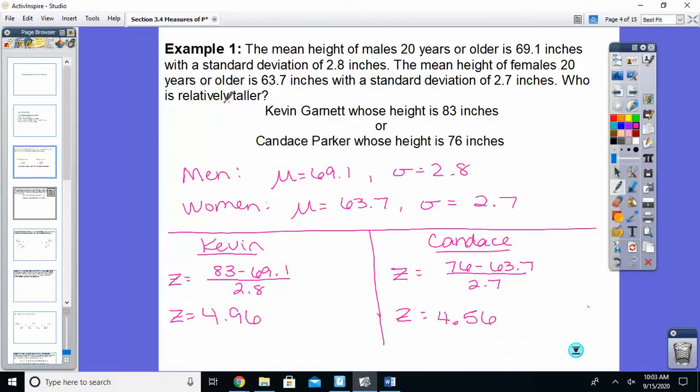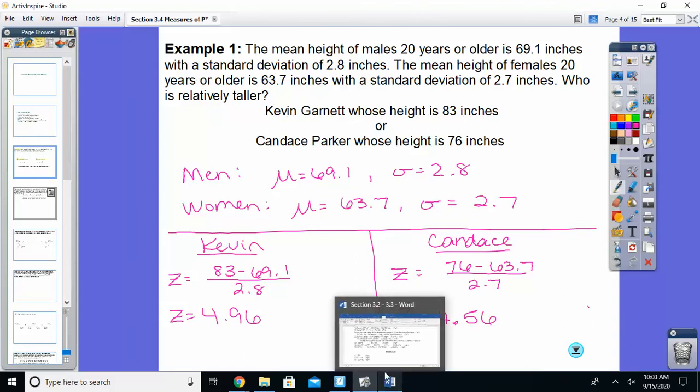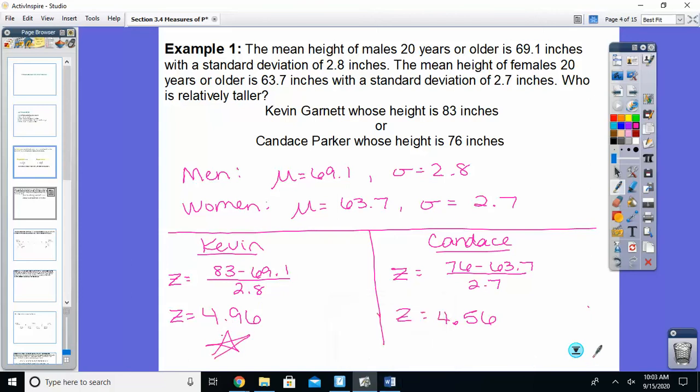But I want to know who is relatively taller. So which of these is more tall? So that would be Kevin, because he had a larger z-score. So Kevin is my answer here. If they both came out negative, that would mean they were both below average. So then who would have been relatively taller?